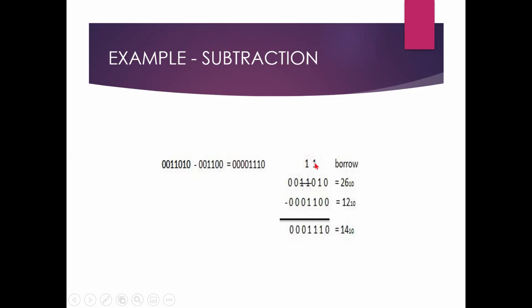So you borrow 1. 1, 0 is 2. 2 minus 1, 1. Here it is 0 now. You borrow 1. 1, 0. 2 minus 1, 1. Here it is 0. Because it is borrowed here, 0. 0 minus 0, 0. This is your subtracted value.